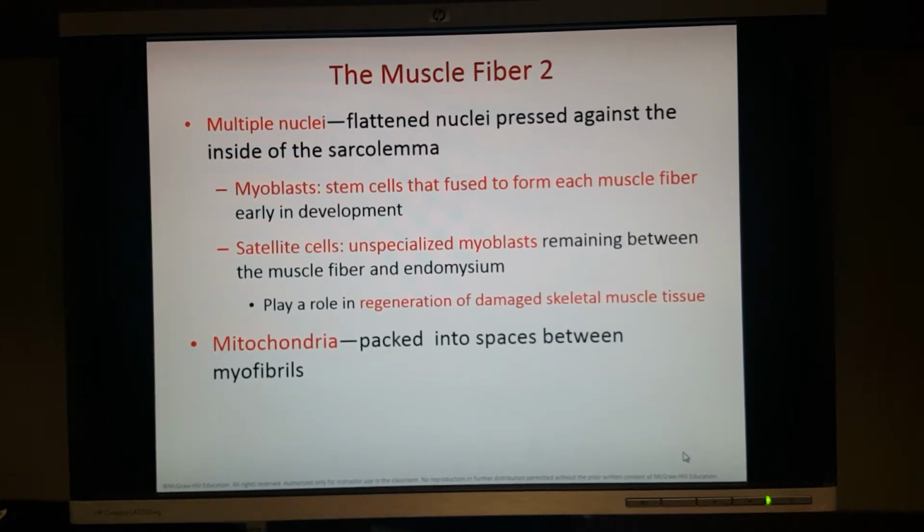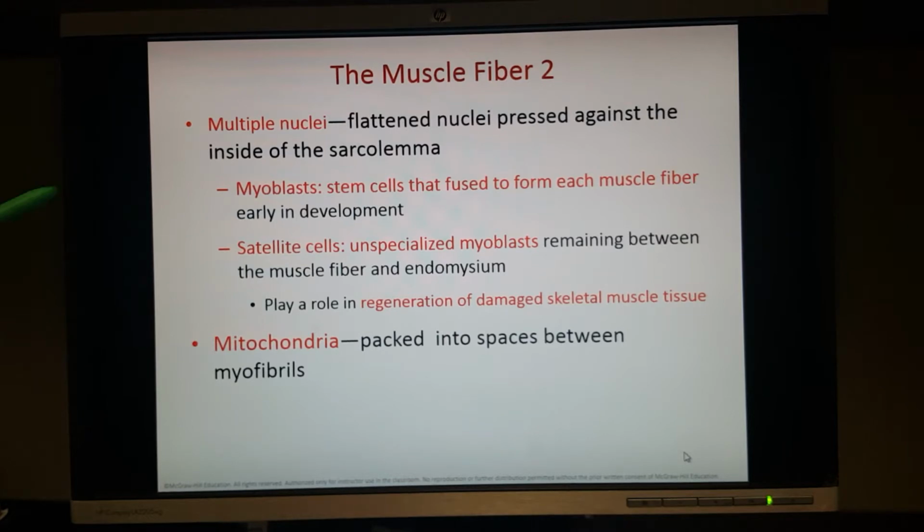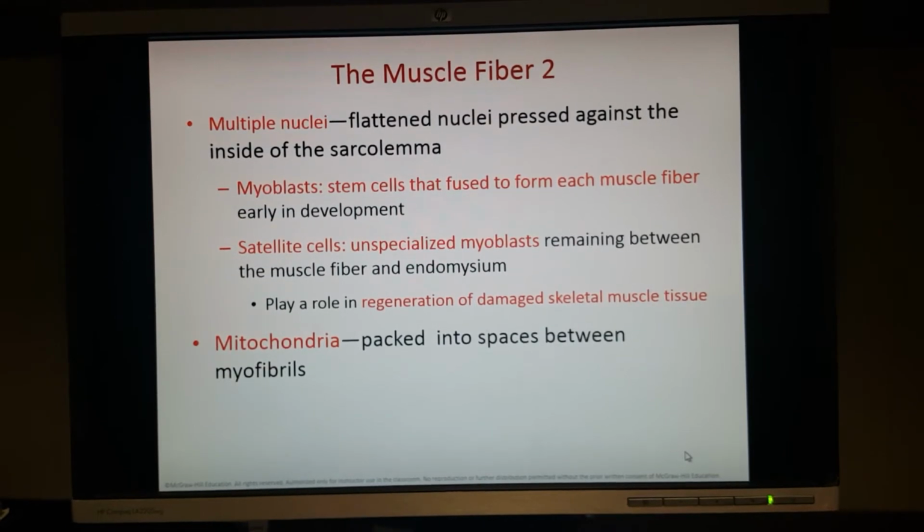When these stem cells fuse together, the cells fuse, but not the nuclei. Because the nuclei don't fuse together, you end up with multiple nuclei in this cell. Just like your osteoclasts in bone tissue have multiple nuclei because of the fusion of cells, same thing with your skeletal muscle fibers.